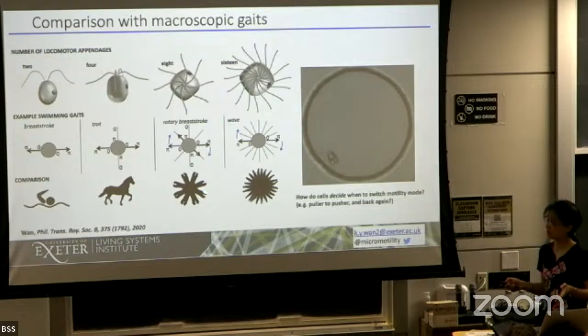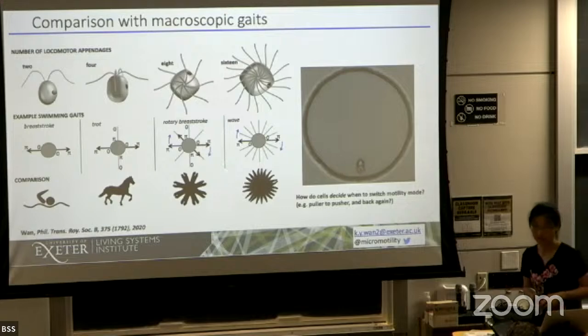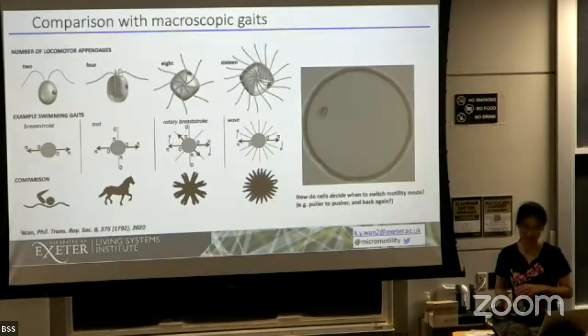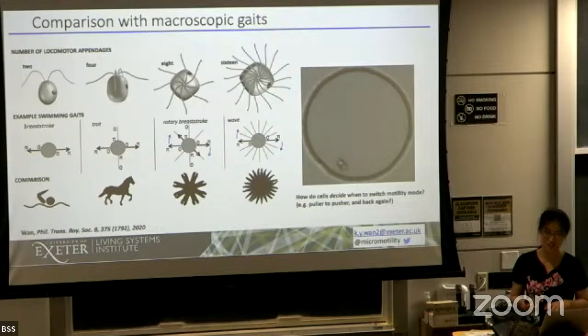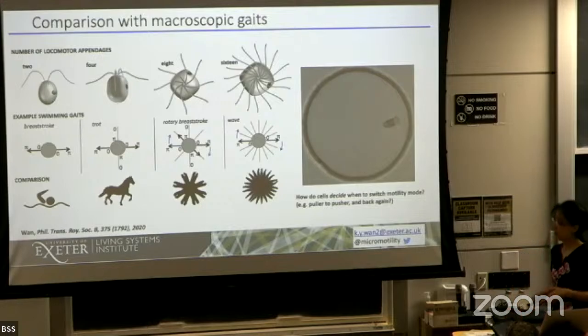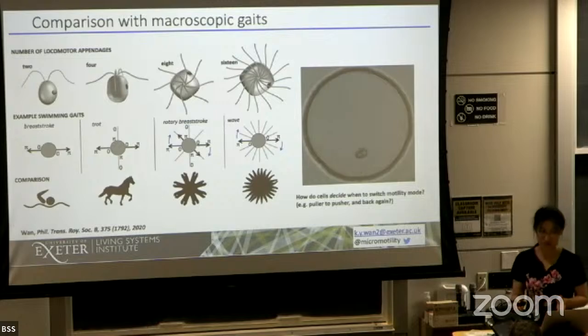But as you start to increase the number of appendages, maybe the task becomes more difficult. When you have so many arms and legs, how do you coordinate them if you don't have a central nervous system? And when you have too many of these, then inevitably these appendages start to couple through the fluid.